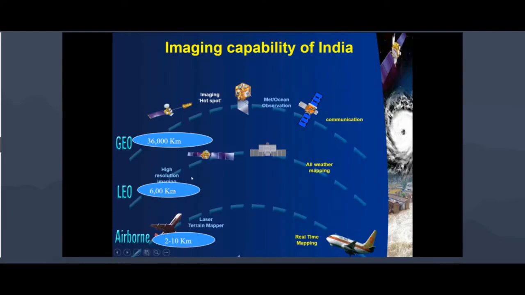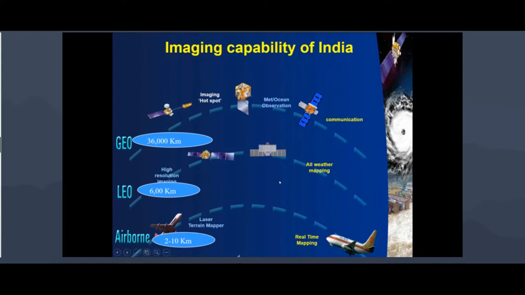And all optical bands give the information during bright sunshine, but microwave sensors give the information every time, it's all-weather capability. So you have the satellites in the optical region as well as in the thermal region as well as in the microwave region in this orbit.